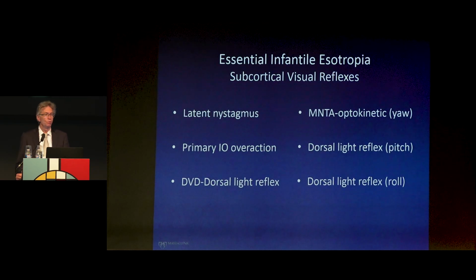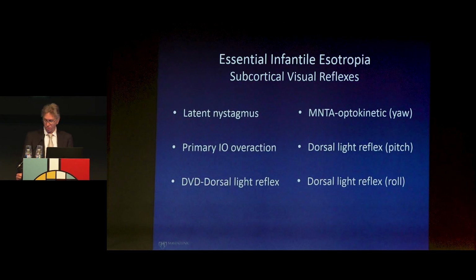Now, when you read the comparative biology literature, you're struck by the fact that all of the unique eye movements that we see in infantile esotropia, latent nystagmus, primary oblique muscle overaction, dissociated vertical divergence, each of them correspond to distinct subcortical visual reflexes that are operative in lateral-eyed animals and that serve a specific function.